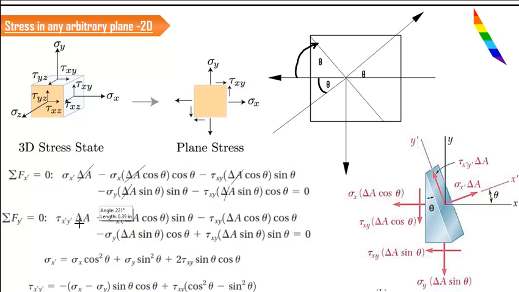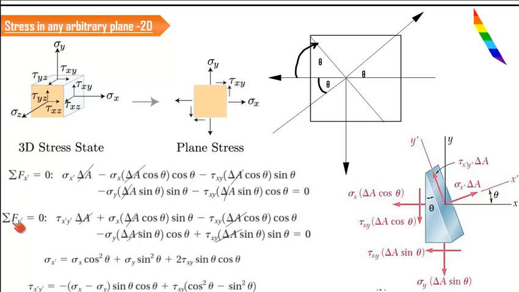Here also delta a will get cancelled out, and what is left is sigma x dash equal to, we take all these terms to the right hand side, and we get sigma x into cos square theta plus sigma y into sine square theta plus tau xy sin theta cos theta, and this tau xy sin theta cos theta will get added up, and you will get 2 tau xy sin theta cos theta.